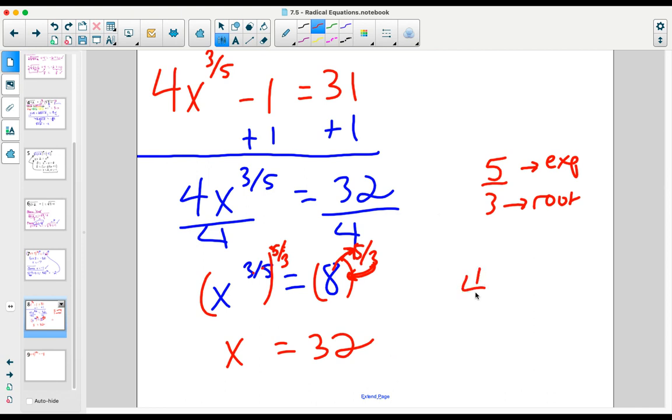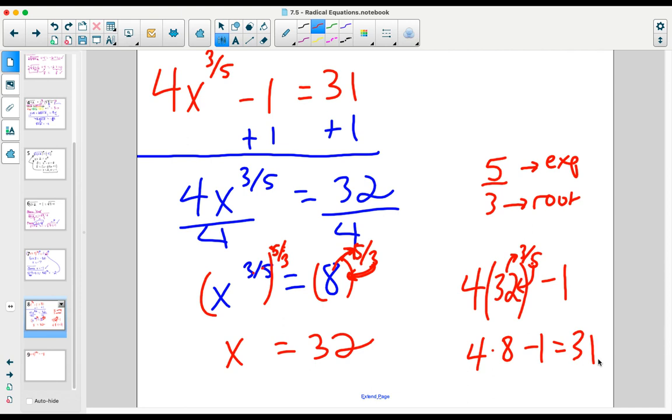We check our answer. 4 times 32 to the 3/5 power minus 1. 4 times the 5th root of 32 is 2. 2 to the third power is 8, minus 1, and that gives us our 31. So our answer checks out. Our solution is x is equal to 32.